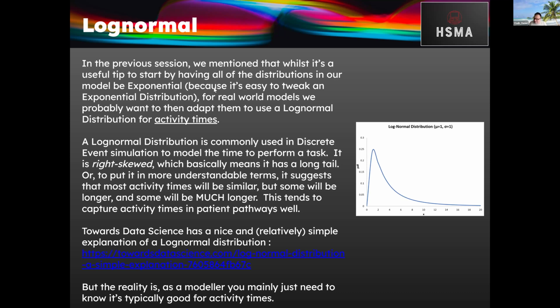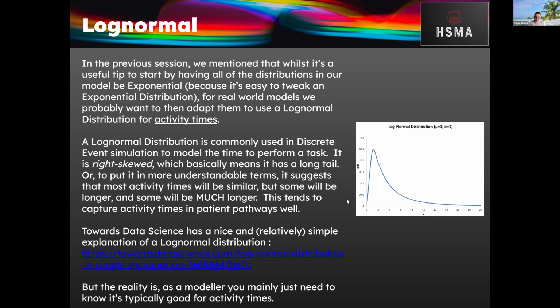But at some point, we will want to transfer over to log-normal distributions. As I say, log-normal distributions are commonly used in discrete event simulations to model the time for a task to be performed. Now, a log-normal distribution is right skewed, which basically just means that it's got this long tail that you see here. So in non-mathematical terms, if you use a log-normal distribution for an activity time, it says that most activity times will be pretty similar, but some will be a bit longer, and there'll be a few that are much longer.